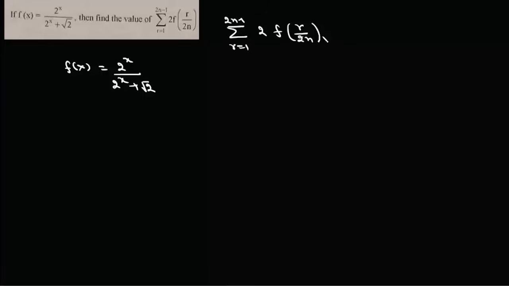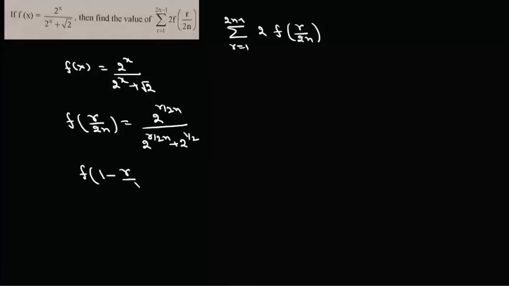Now what we'll do is we'll write f(r by 2n), and there will be 2 to the power r by 2n upon 2 to the power r by 2n plus 2 to the power 1 by 2, and we'll also write f(1 minus r by 2n).